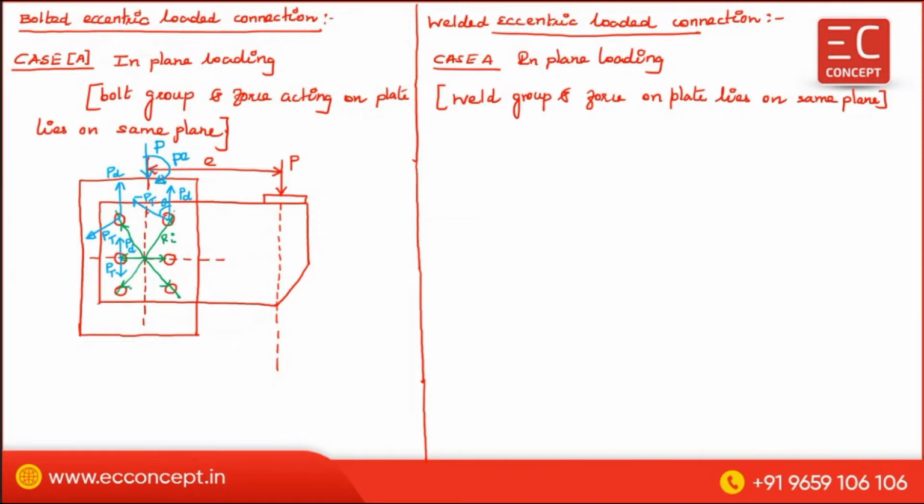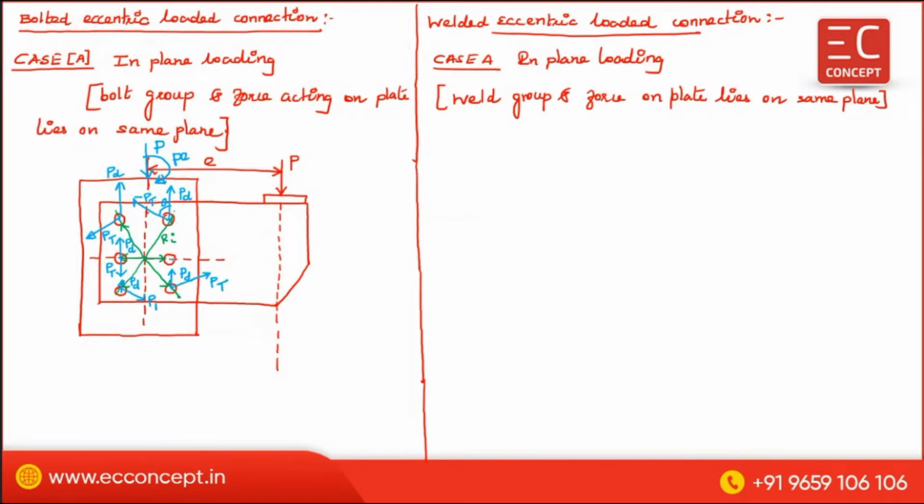Similarly, here the resistance is PD, and this is the resistance that is PT, anti-clockwise couple. Similarly, here this is the direction of PD and this is the direction of PT.